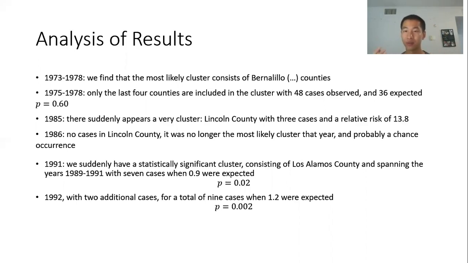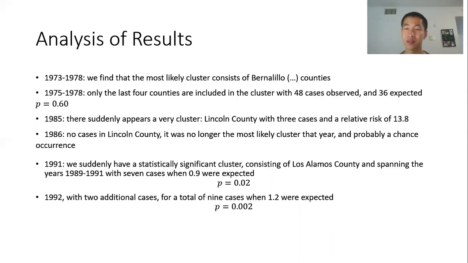It has a relative risk of 13.8. But the next year, when you add the new data, which has no confirmed cases in Lincoln County, it was no longer the most likely cluster in that year. So the previous cluster was perhaps just due to chance.